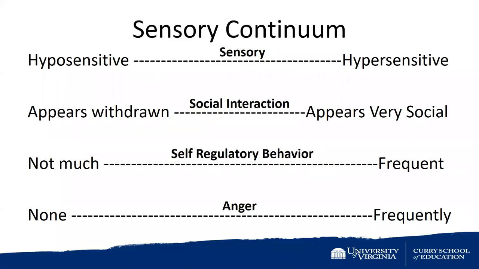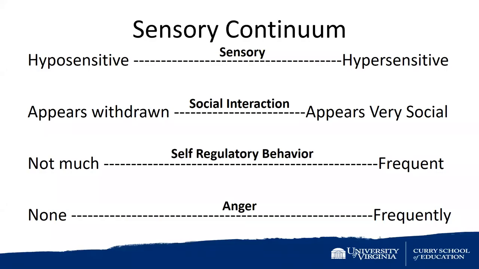Our sensory system exists along a continuum, so on any event, situation, or day we can range from being hyposensitive, undersensitive, to oversensitive. Those sensory experiences can have a big effect on other aspects of our life and behavior. The extent to which we're hypo or hyper-responsive can affect how much we interact with others, whether we appear withdrawn or very social.